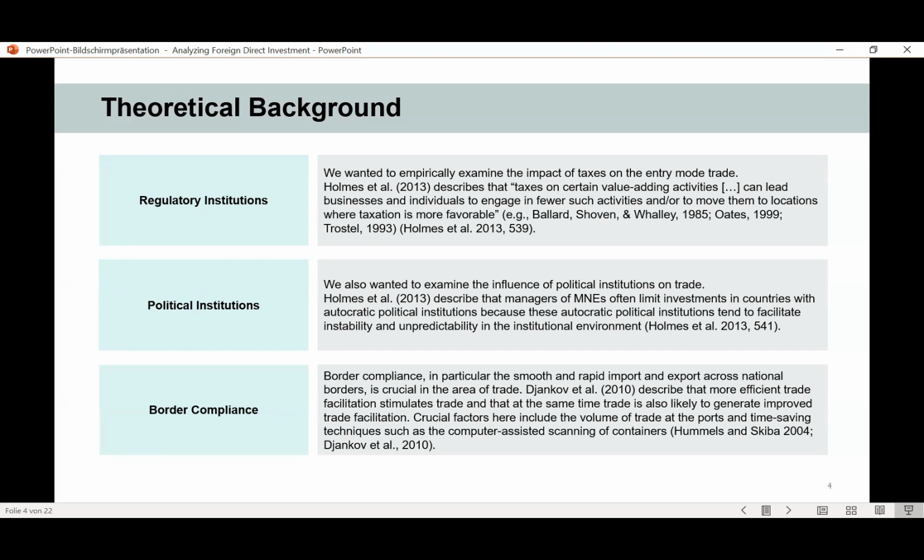Border compliance, in particular smooth and rapid import and export across national borders, is crucial in the area of trade. Djankov et al. described that more efficient trade facilitation stimulates trade, and at the same time, trade is also likely to generate improved trade facilitation. Crucial factors here include the volume of trade at the ports and time-saving techniques such as computer-assisted scanning of containers.